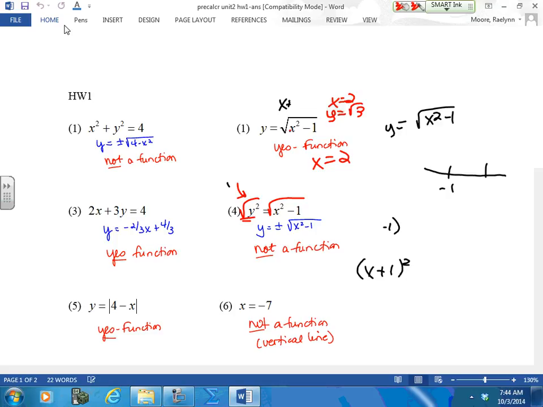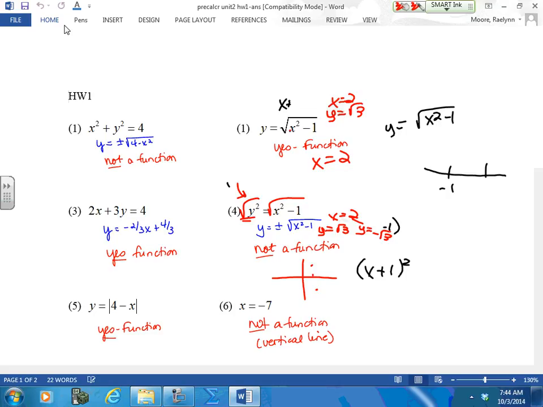Now watch. If I put x is 2 in here, y can be radical 3, or y can be negative radical 3. See it? If I'm looking at a graph, here's 2, radical 3, here's 2, negative radical 3. It doesn't pass the vertical line test.